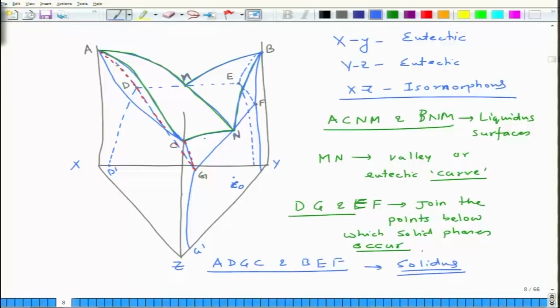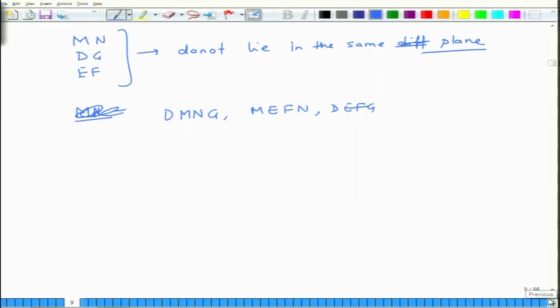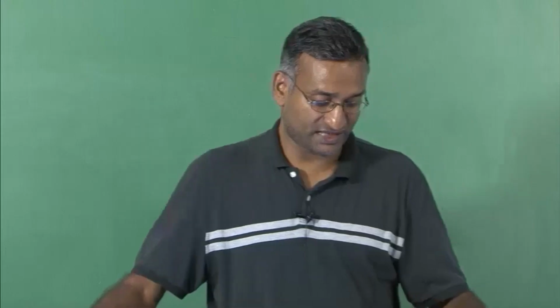These are the three surfaces which basically enclose the three-phase space consisting of liquid plus two solids, and that is how you essentially draw the composition-temperature landscape of a ternary phase diagram.